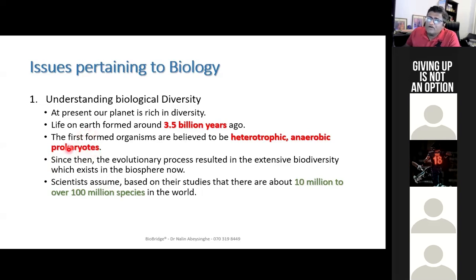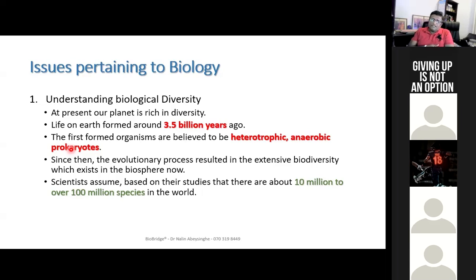Prokaryotes don't have an organized nucleus. That is, their genetic material is not surrounded by a membrane or a covering. There are other distinctive features as well in prokaryotes, but the main thing we'll be learning in detail in cell biology, which is the second part of the second unit, right?